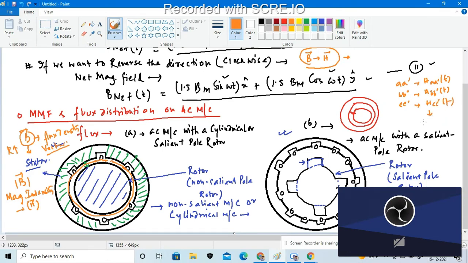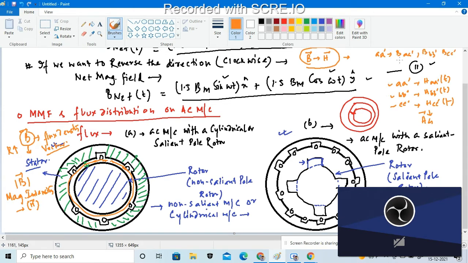From there we find the total magnetizing intensity, that means the total magnitude of the magnetizing field intensity for the three different coils. We also find the flux densities, B of A dash, B of B dash, and B of C dash.